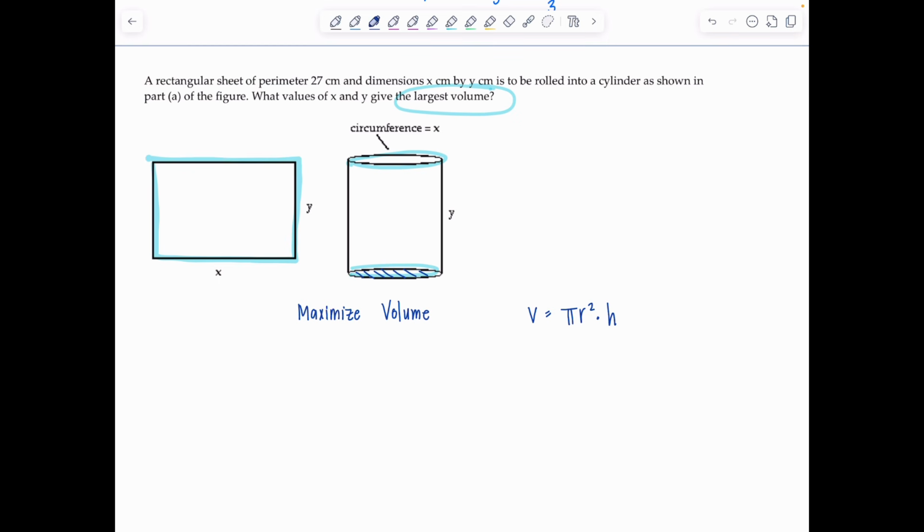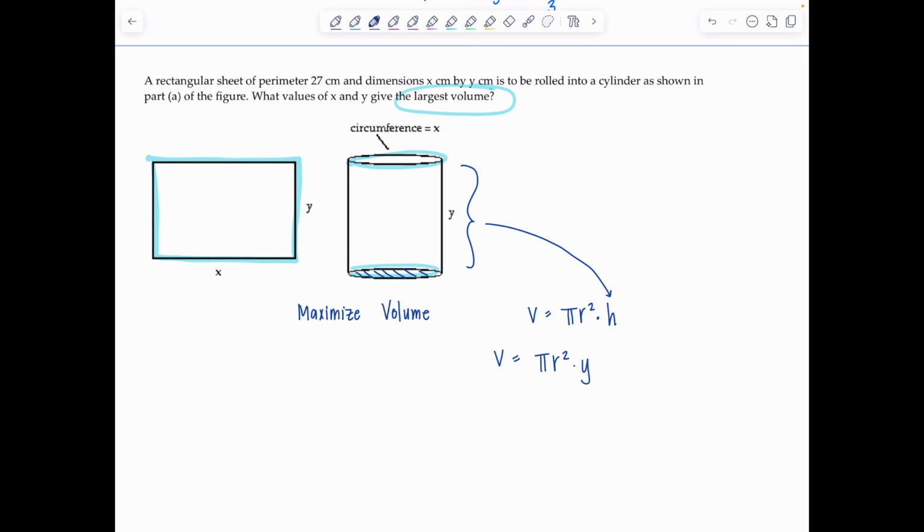Now I gotta focus, make sure I get this as a function of one variable. Notice they told me this height here is called y. That's the height of the cylinder. So let's go ahead and replace that. V equals pi r squared times y. And then there must be some other piece of info I'm not using that will allow me to eliminate the variables in the problem.